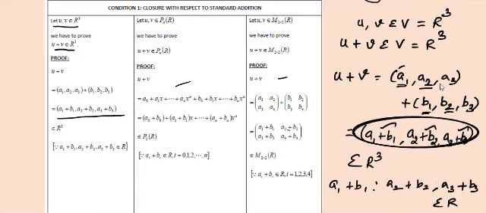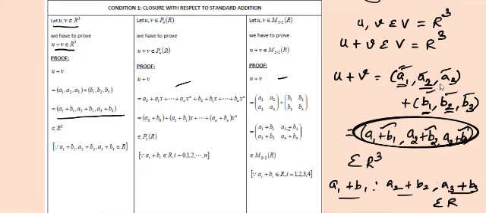Yes, of course. Why? Because in our assumption, a1, a2, a3, b1, b2, b3 all were real numbers, and adding 2 real numbers will give you a real number. That is what we are proving in all the 3 cases.